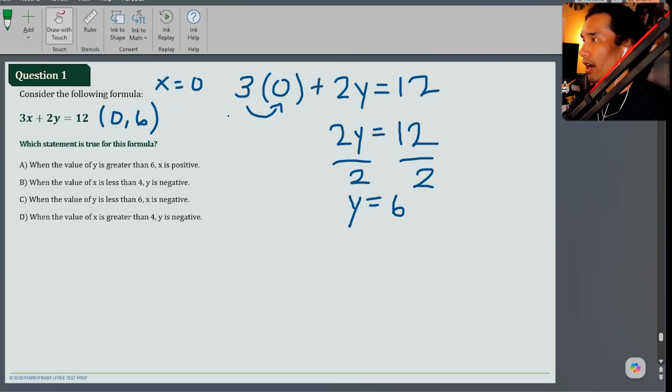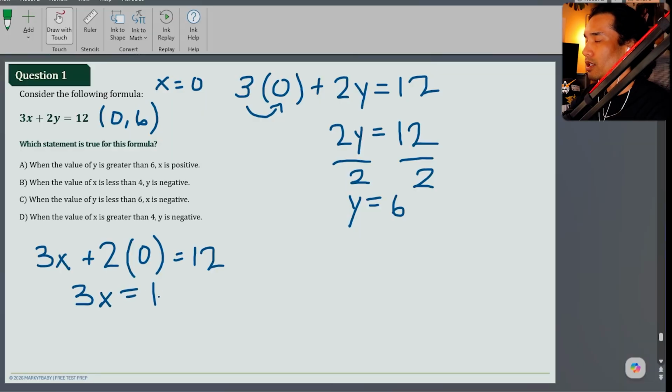Now let's find the other ordered pair by making y 0. So we have 3x plus 2 times 0 equals 12, and that gives us 3x equals 12, because 2 times 0 equals 0.